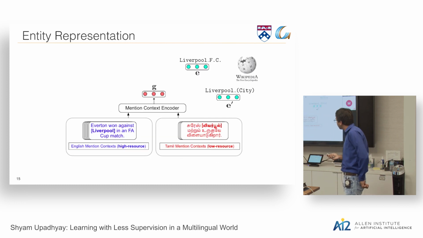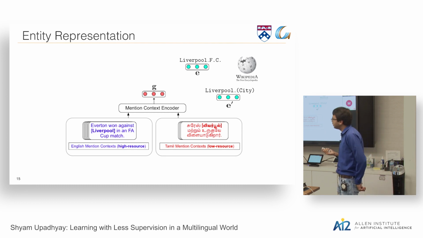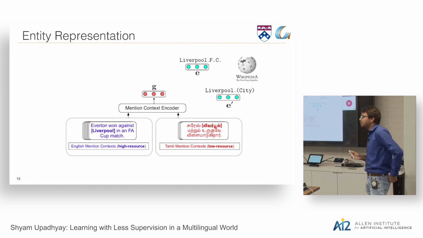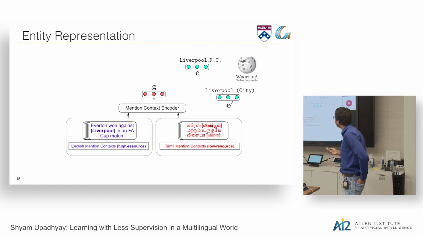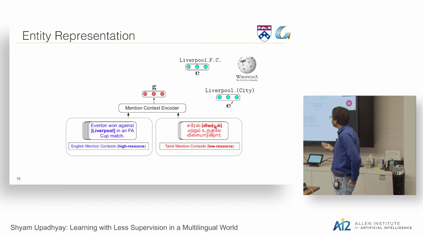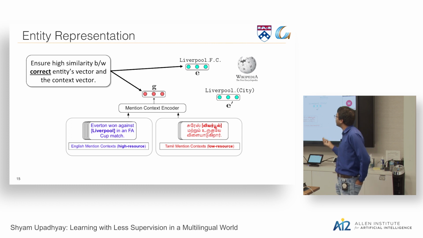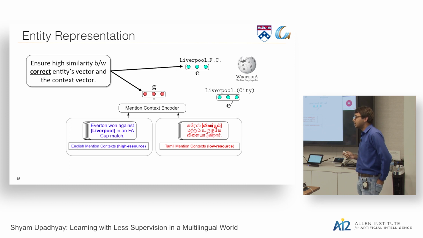All right, so besides having the mention context representation encoded by the mention context encoder, the model also maintains representations for each entity in the knowledge base. So for instance, you'll have a representation for the football club as well as a representation for the city. And the idea is that to facilitate accurate disambiguation, we want to ensure high similarity between the correct entity's vector and the context vector that is generated by the context encoder.